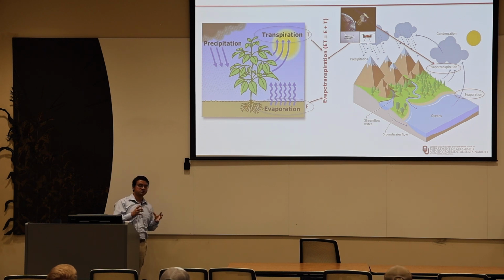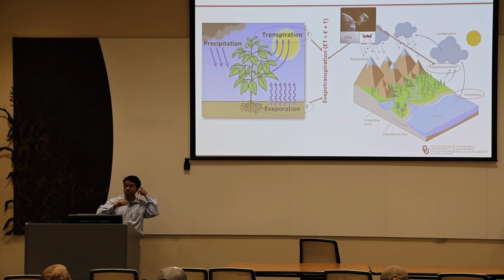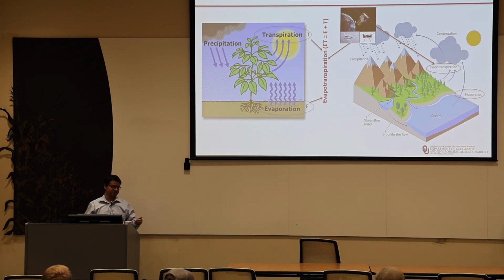In that process, a lot of energy goes to the atmosphere, because it takes a lot of energy, and when it condenses, the energy is released, and then there's precipitation. So it helps not only recycle the water, but also recycle the energy, and that also regulates the climate.